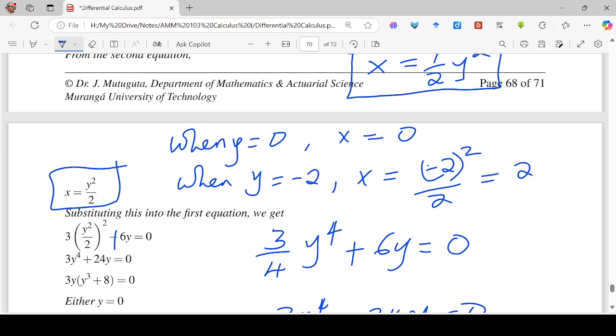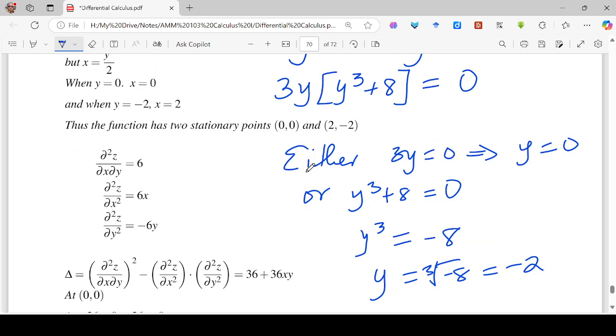So there are two stationary points. x is 0, y is 0. And the second point is x is 2 and y is minus 2. So those are the two stationary points. The next thing is to determine the nature of each of the stationary points.